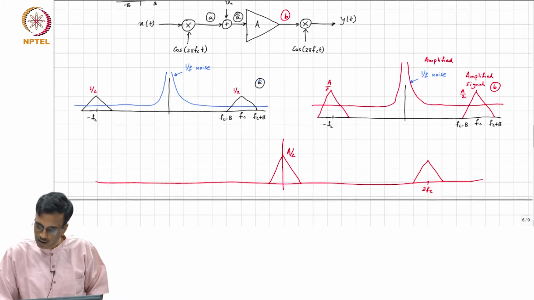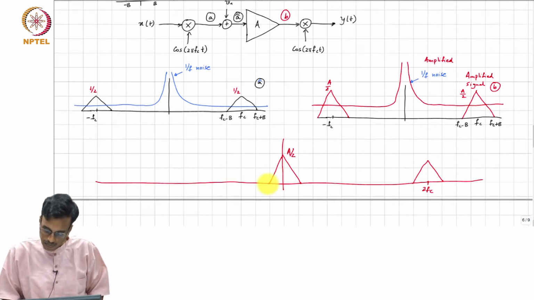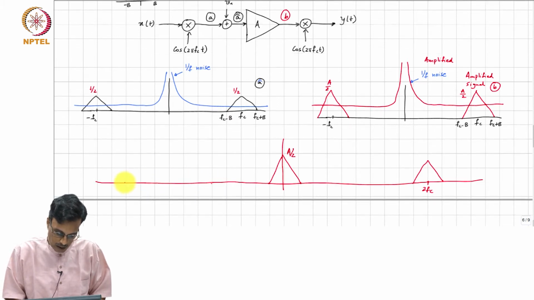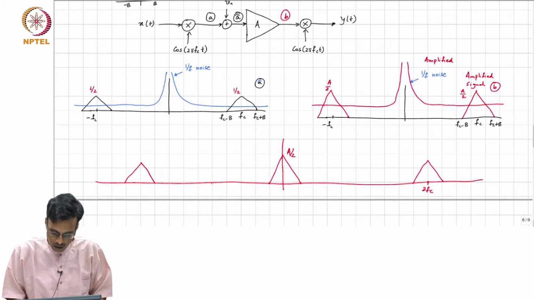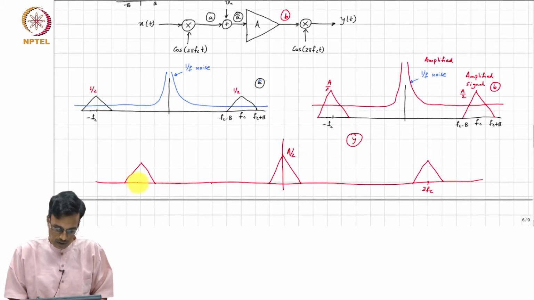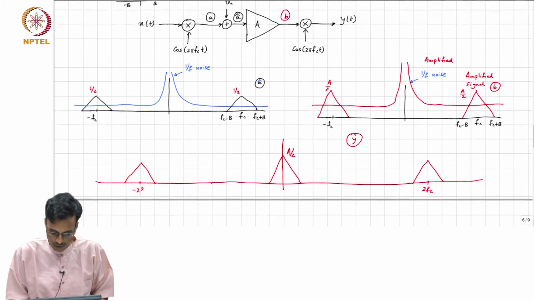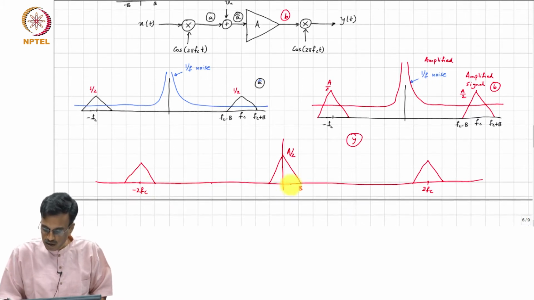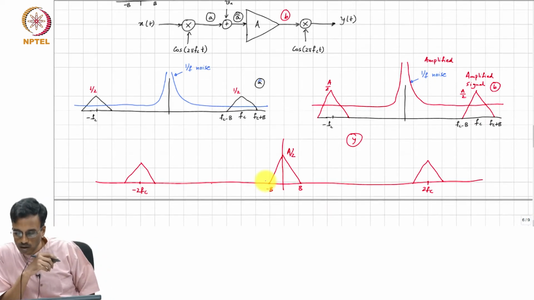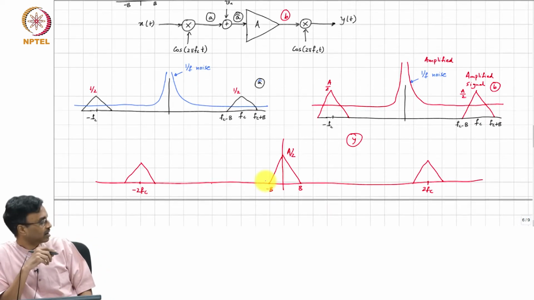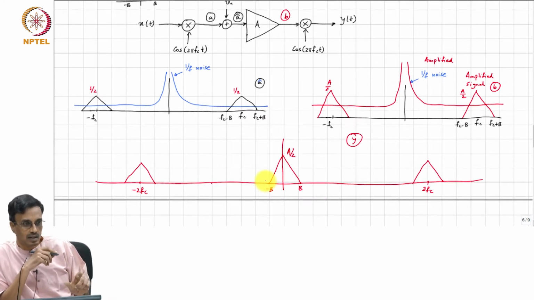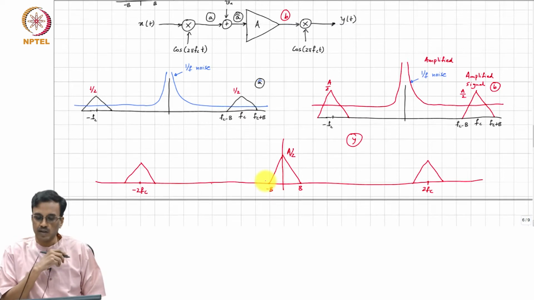So, this is 2 f c, and you will get something else at minus 2 f c, so this is the spectrum at y. This is b, this is minus b, all right. But we have forgotten one thing, the flicker noise is also going to get translated. So, what is going to happen?